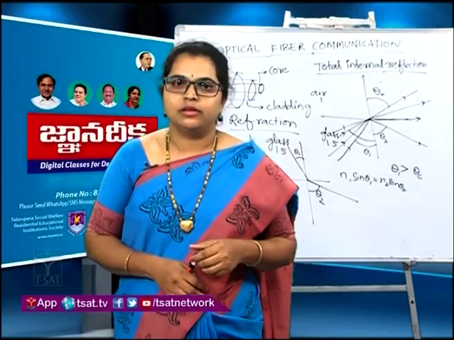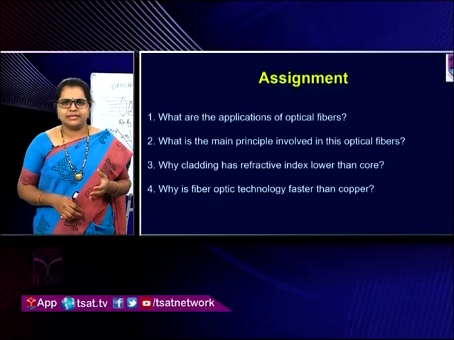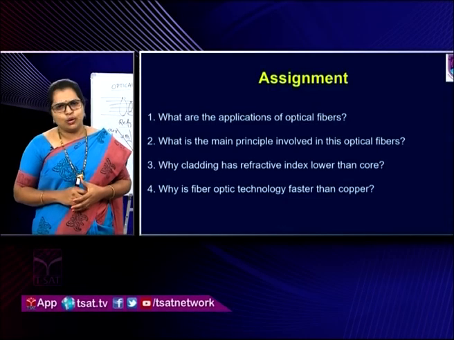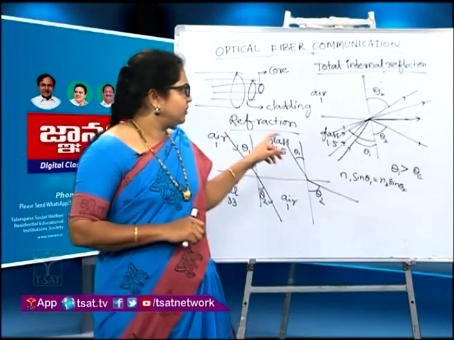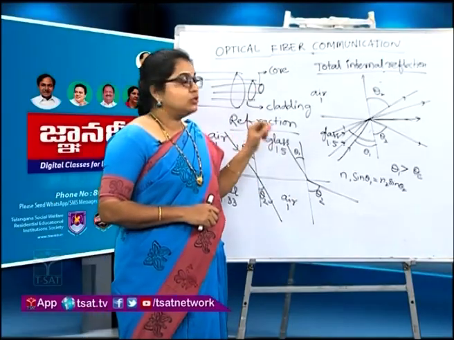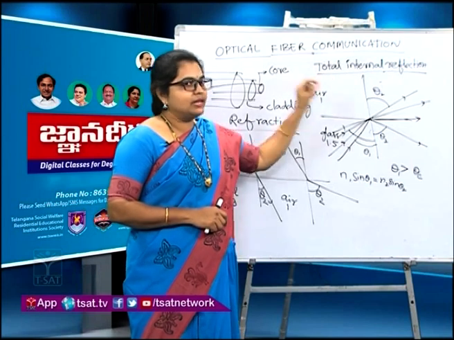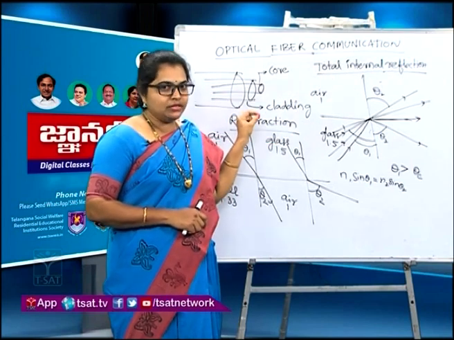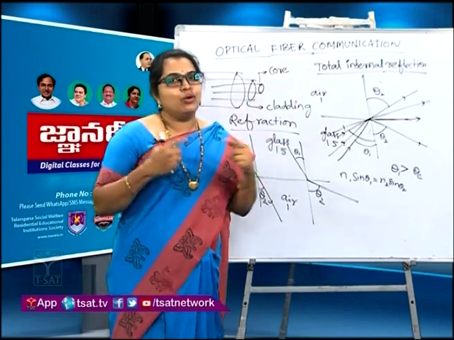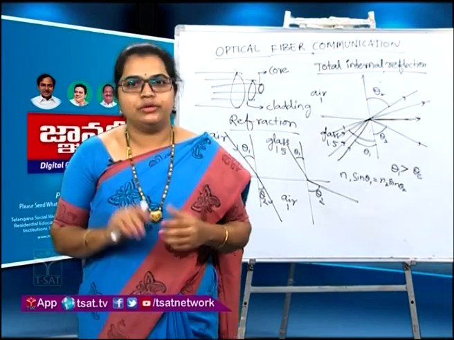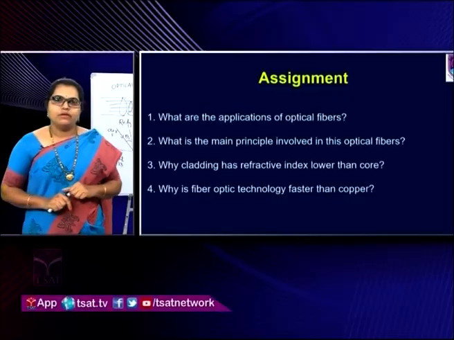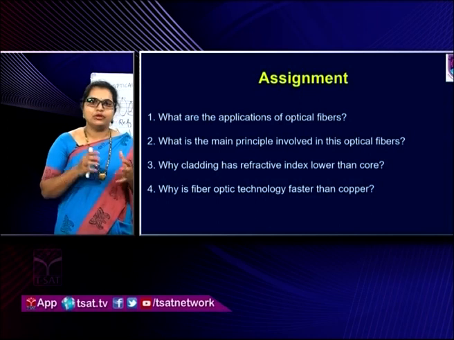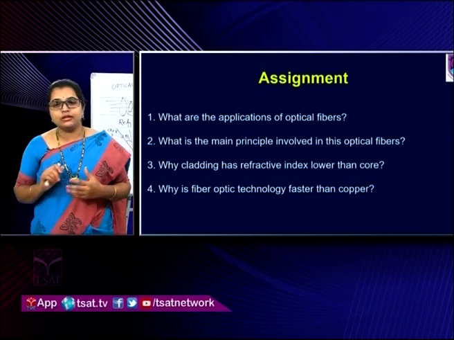Next, why does cladding have a refractive index lower than the core? Here we discussed, no? For total internal reflection to occur in the optical fibers, the cladding has a lower refractive index than the core. You need to explain. Next, why is fiber optic technology faster than copper?